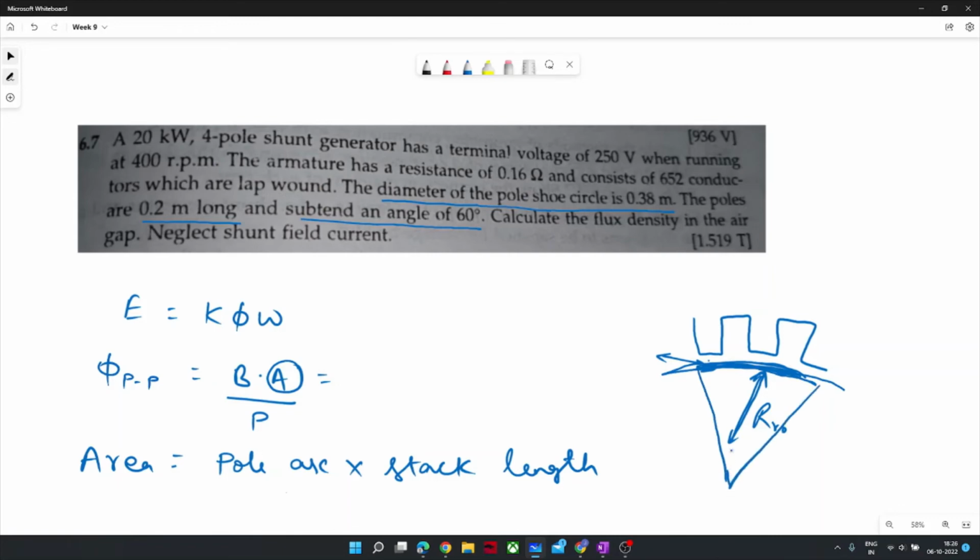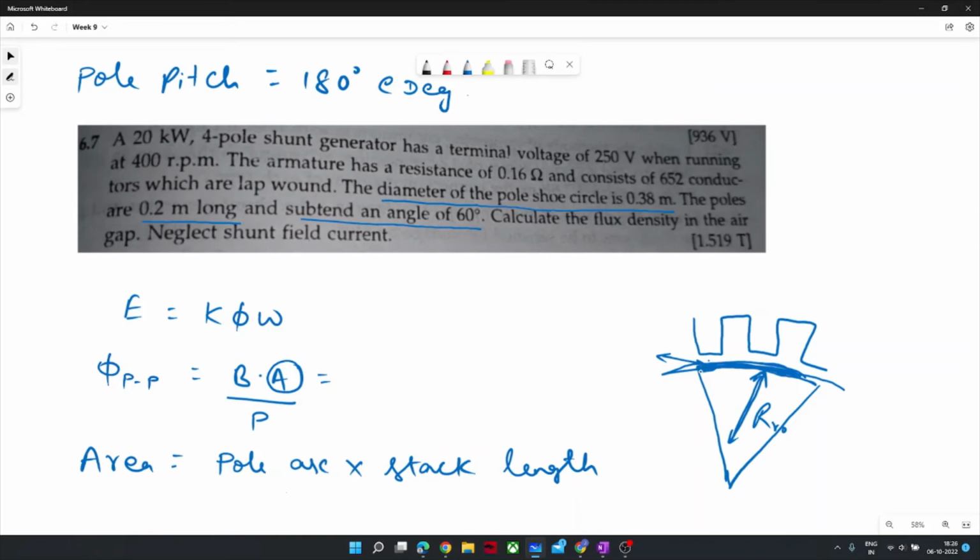So one pole pitch is always 180 degree electrical, right? Now, if it is saying that it subtends an angle of 60 degree, it means 60 degree is not contributing in linking of flux from stator to rotor.